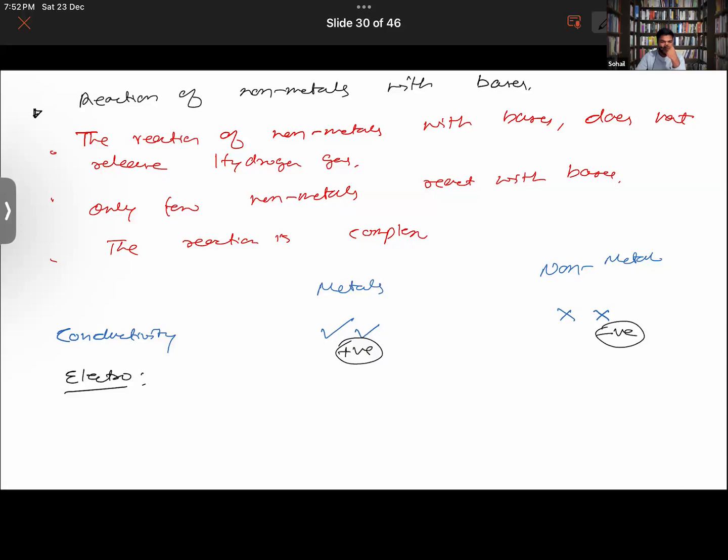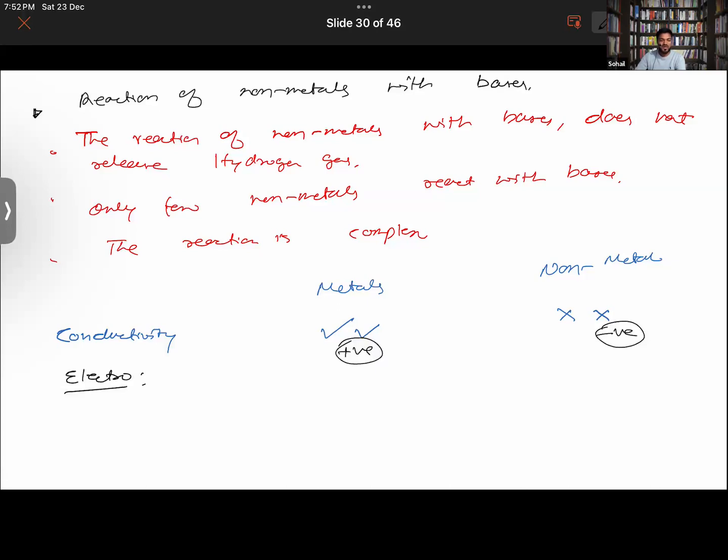So these are some of the physical properties. Also, most of the metals remain solid at room temperature, except mercury and gallium. But most of the non-metals exist in either of two of the three states of matter, either gaseous or solid. Mostly we have exceptions.